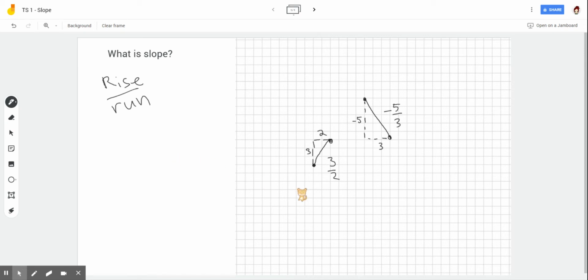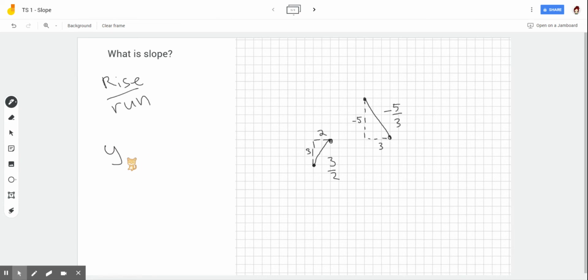Sometimes you don't have a graph that you can count easily on, though. So if that's the case, then you need to calculate it. So your formula for calculating slope when you can't count it is the change in y.